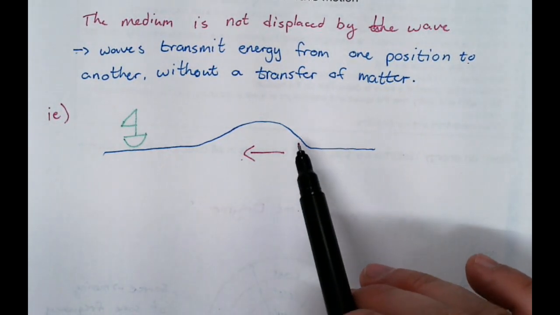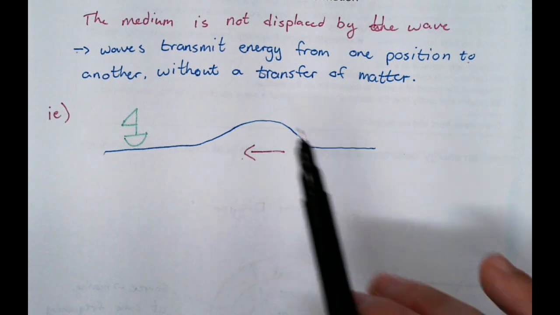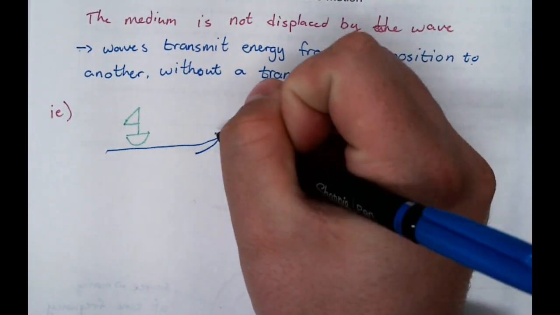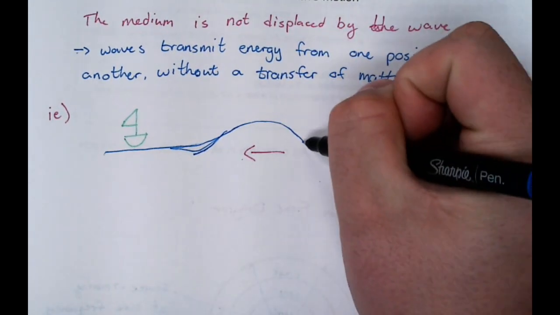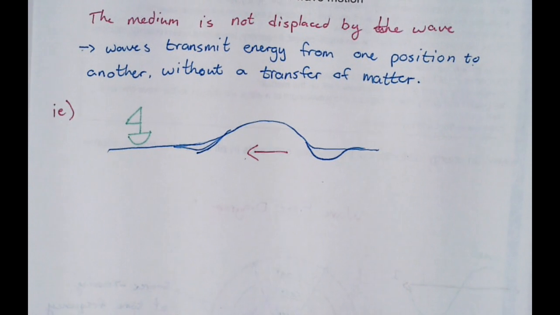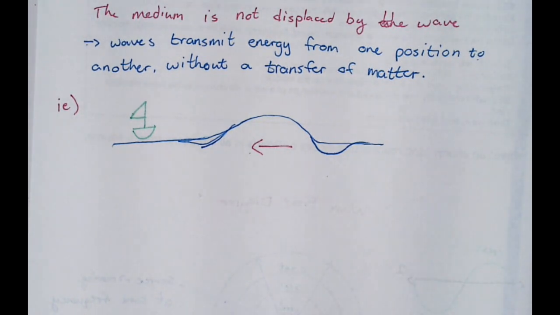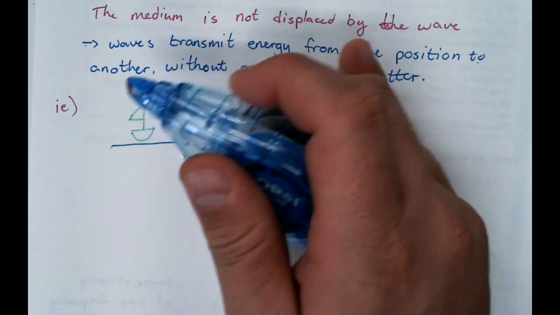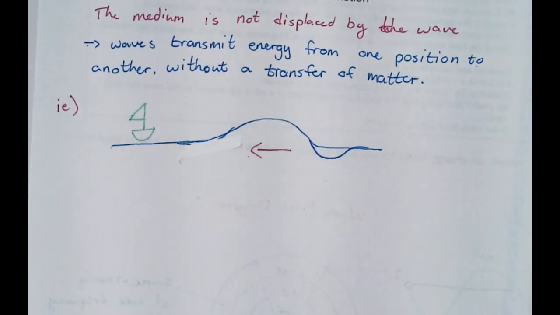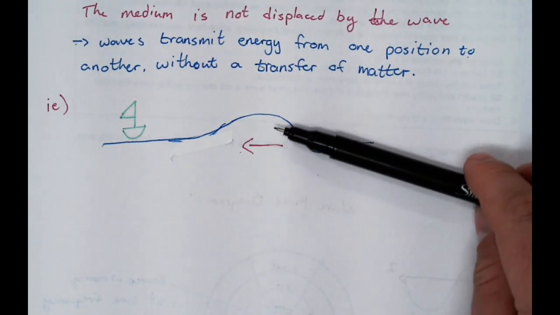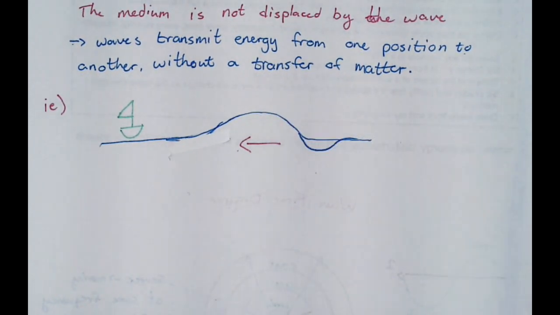The water, though, is going to crest up here, and it's actually going to come down, and on the other side, it's going to trough as it's moving the other way, behind a little bit. As the crest begins to move, this water is not being displaced. It's just going to go up, and then it's going to come back down.